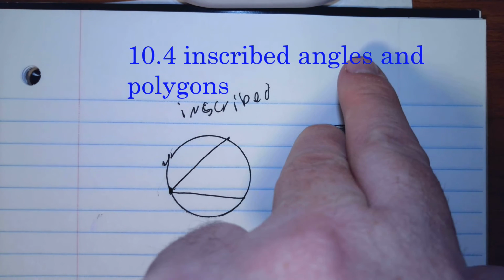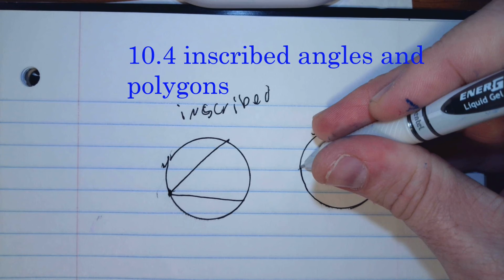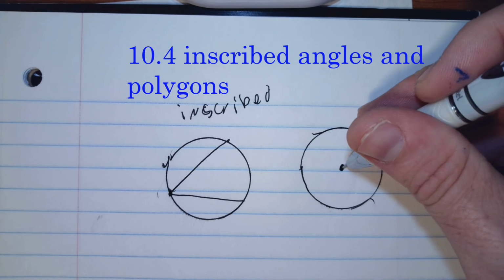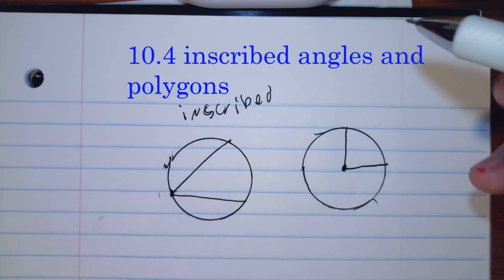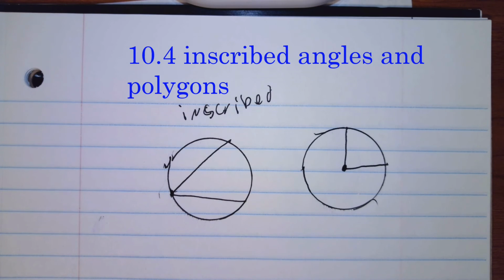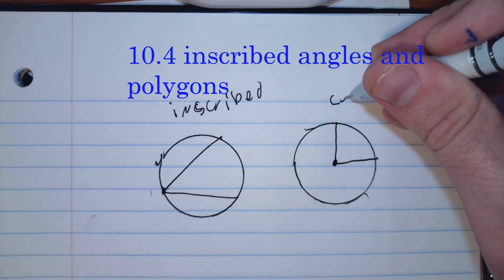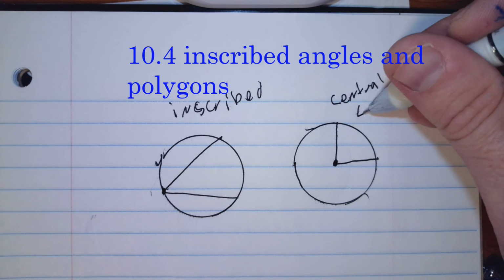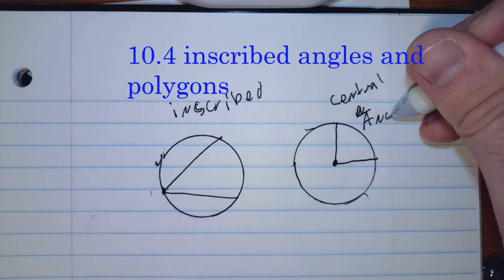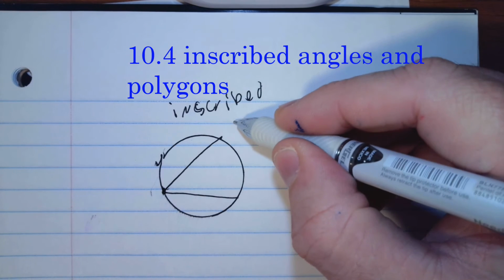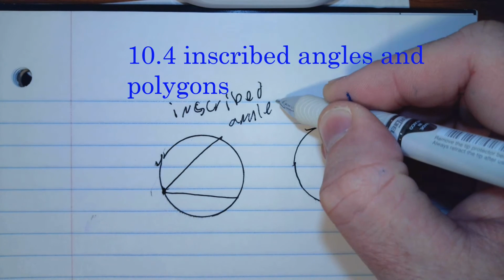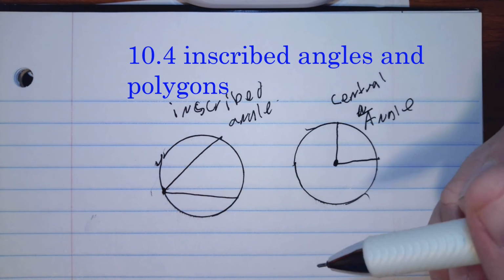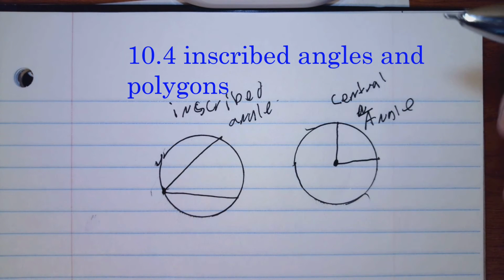If only math weren't so creative with their names, we would know what that is. Does anybody know what that is? I believe it is called the central angle. So if it's in the center, this is a central angle. I won't put the symbol, I'll just write the word. And this is the inscribed angle. So that's the difference.